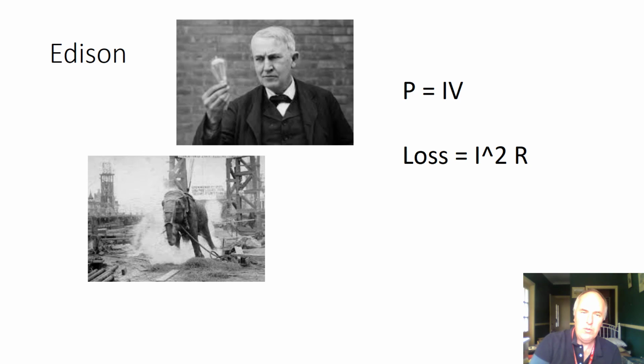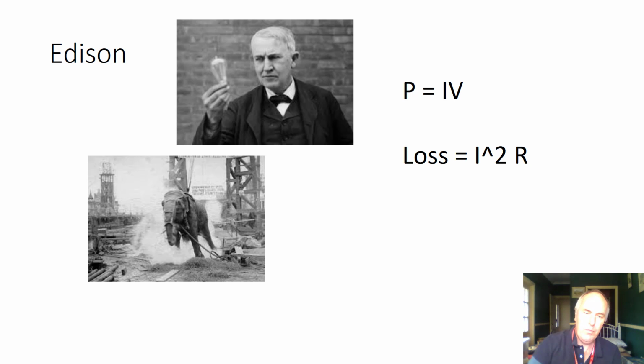So there's a picture of him holding his light bulb, and he basically almost faked the invention of the light bulb. Or he actually didn't invent it, he bought the patent from a French person who actually did invent it. But he could only get it lasting a few minutes, so he got the people he was showing it off to go through one by one, and he would put in a light bulb, show it for a while, then take it out and put another one in, and get the next person to come through.